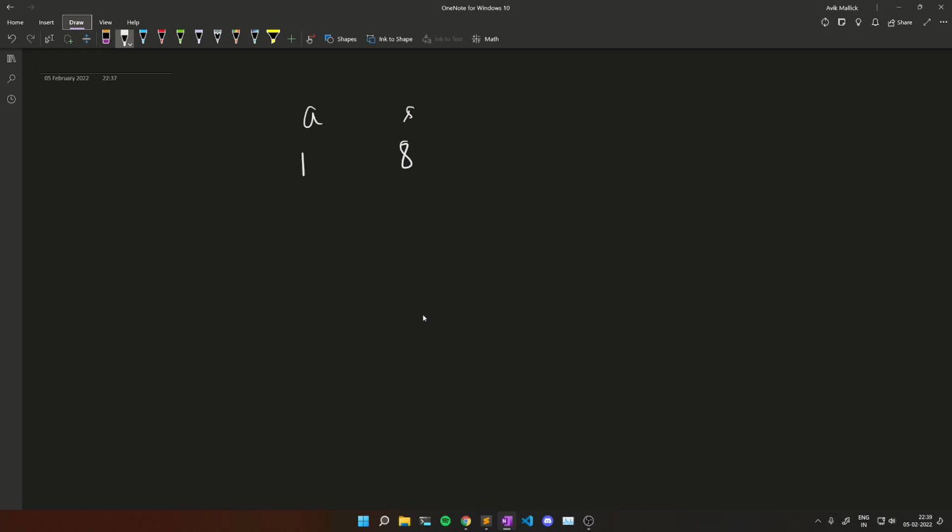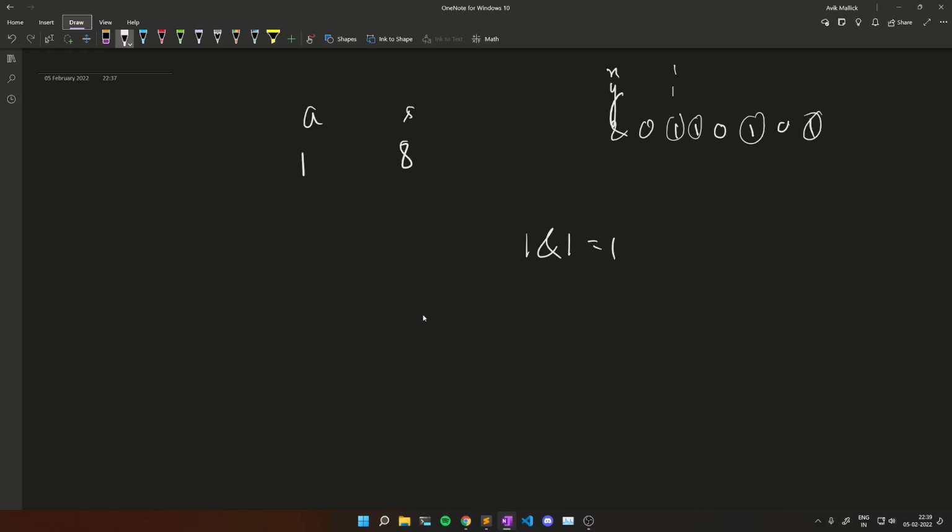Now for any number, let's say we have an AND value like this. So there are two numbers x and y whose AND is this. Now obviously in all those bits which are 1 in the AND, x and y must have 1 in those bits, right? Because 1 and 1 is 1.